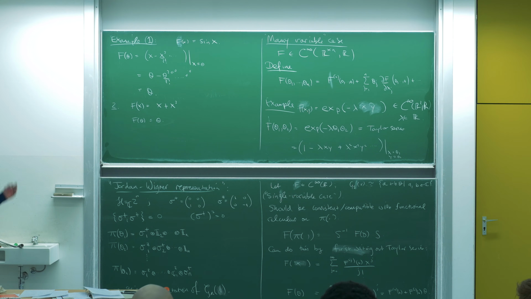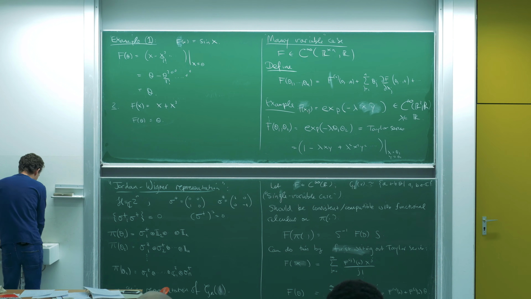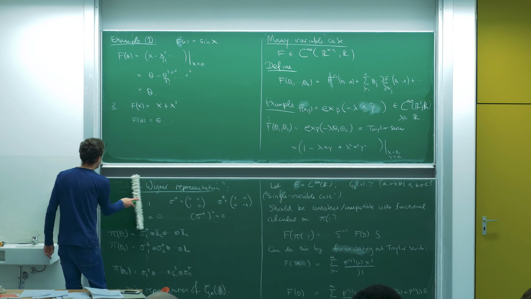And actually, we get something that looks a little different. It still has a linear term, so to speak, but because it's now many variables, we can get higher order terms.